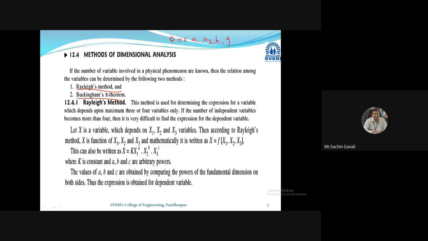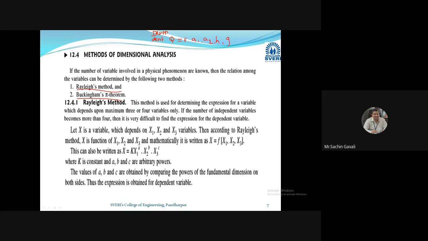Here Q is called the dependent variable. The variable which depends on other parameters or variables is called the dependent variable, so Q is the dependent variable, and the others are independent variables.